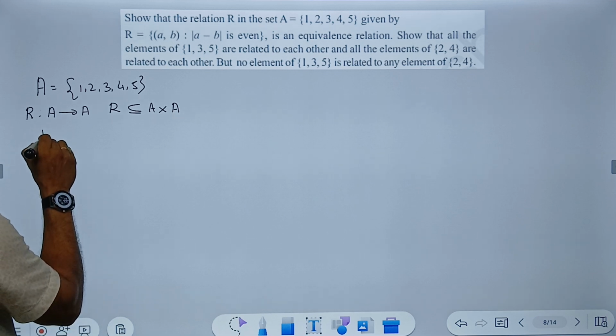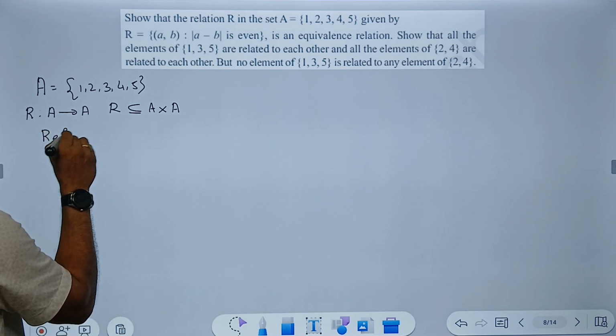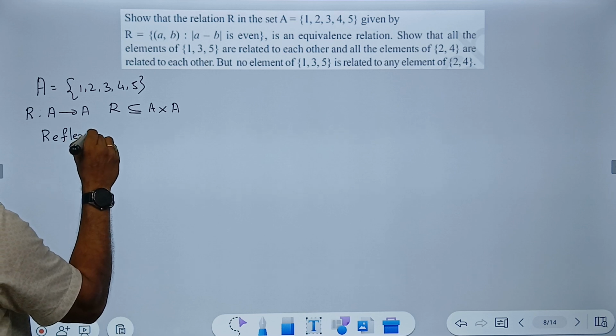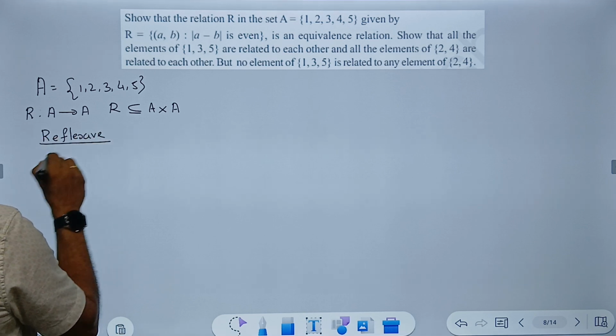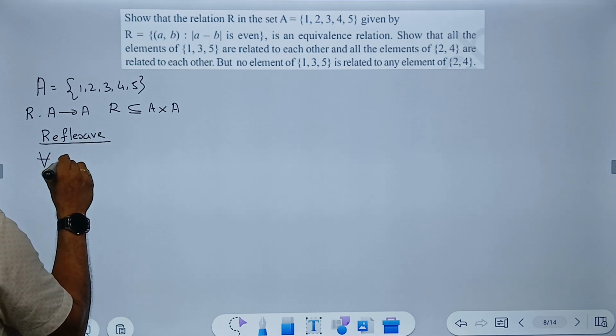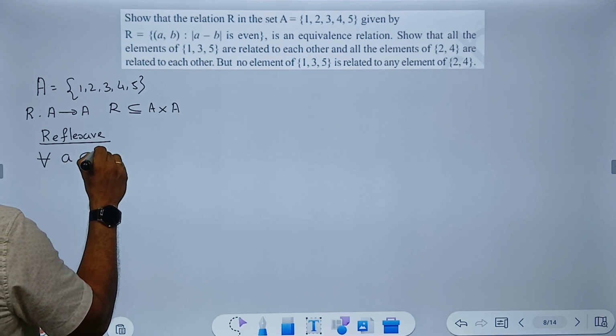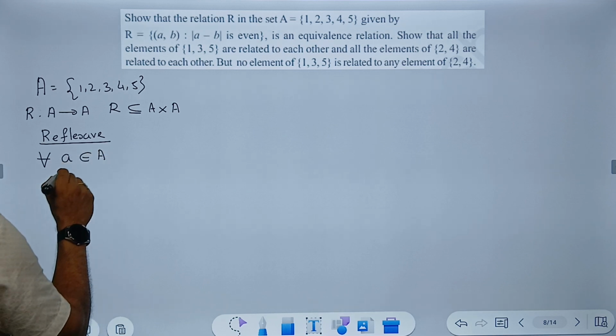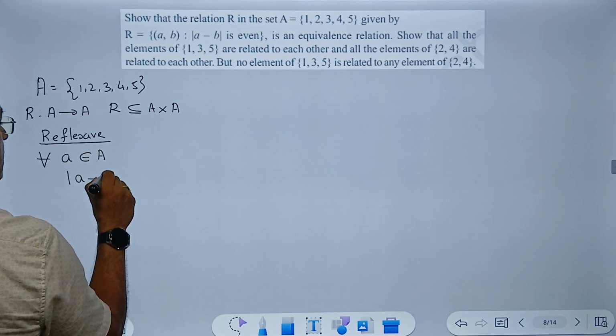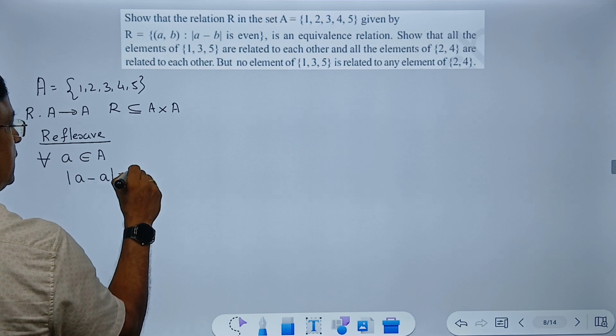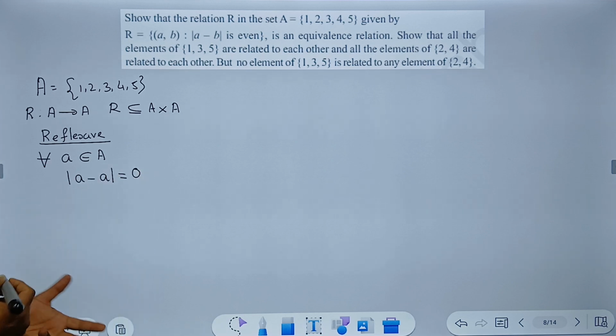So first I want to prove it is reflexive. Now how do I prove the relation is reflexive? For every A belongs to set A, I will take modulus of A minus A. Modulus of A minus A is 0, but you know 0 is an even number.